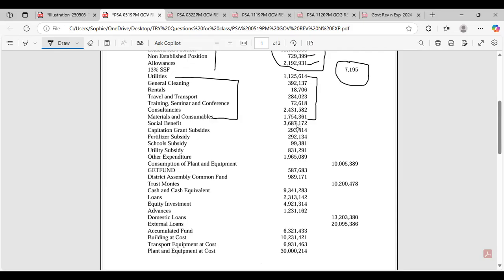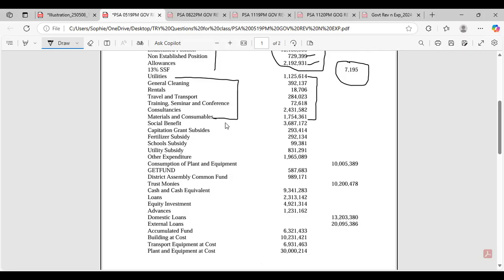Is it that you haven't prepared notes on the lecture, or you know but you don't want to say it because it is early morning, because today is Sunday, you want to keep the Holy Spirit alive? So that is goods and services. Sometimes the examiner is even trying to be nice. They didn't split them across. You can trace that from utilities down to materials and consumables are all goods and services.